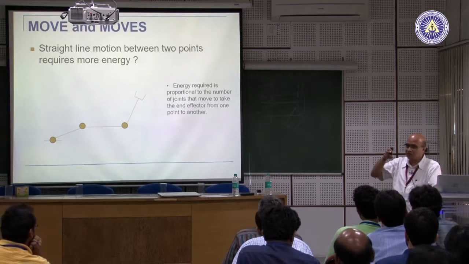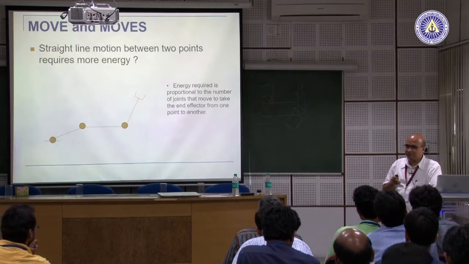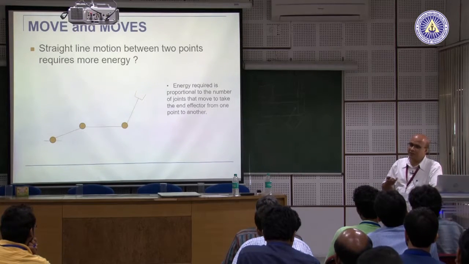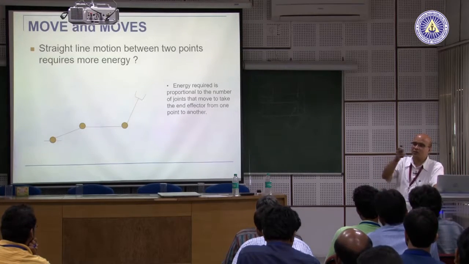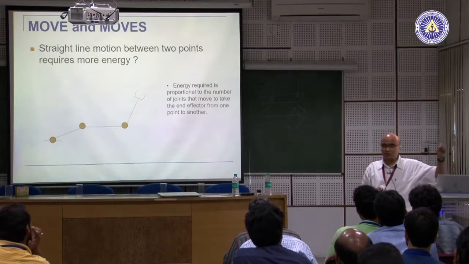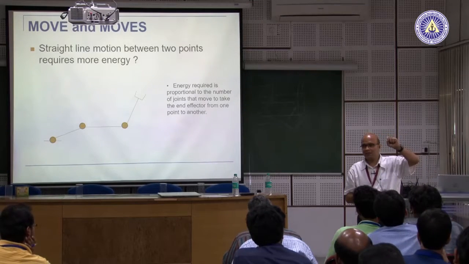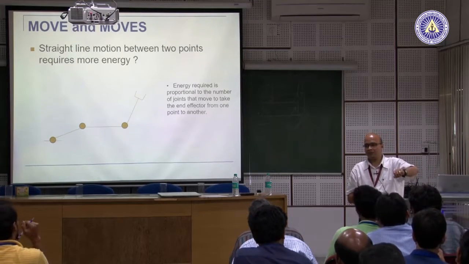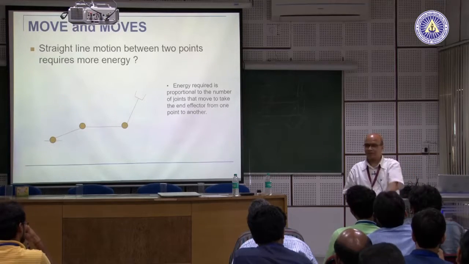Like sir told in the morning, 16 possible. If there are 16 solutions, then out of those 16, which one will you take? You will take the solution that will have the least number of joints moving. The controller automatically does that. It is programmed in the controller. So it knows from the inverse kinematics there are 16 solutions. It will take the solution which has the minimum energy, and then execute.